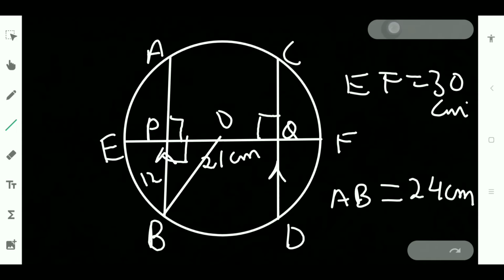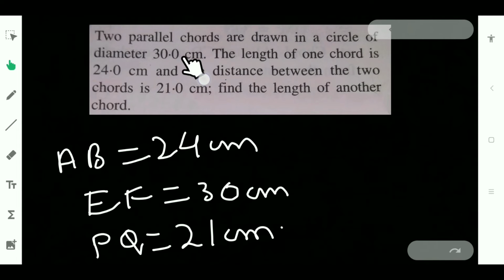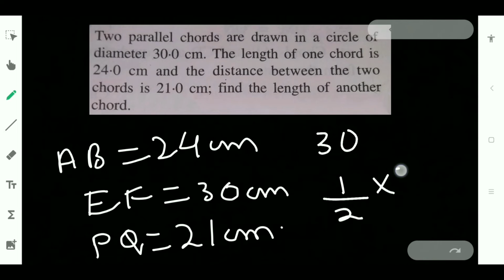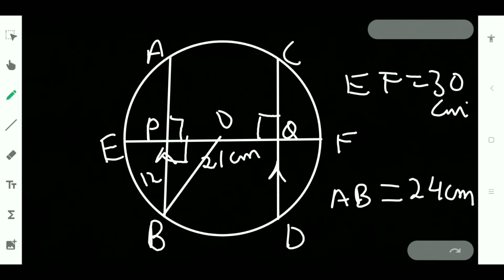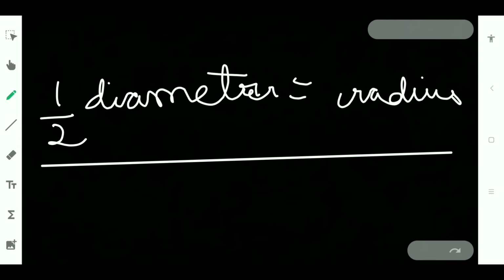We have the diameter in the question as 30 centimeter. When diameter is 30 centimeter, radius will be half of diameter, that is half into 30, nothing but 15 centimeter. So radius will be equal to, that is, OB will be equal to 15 centimeter.